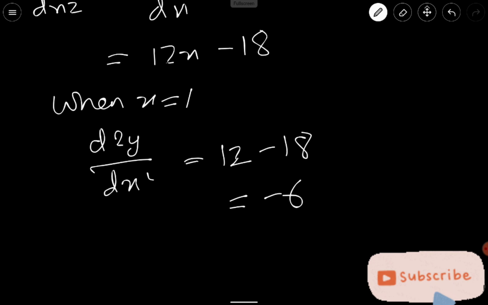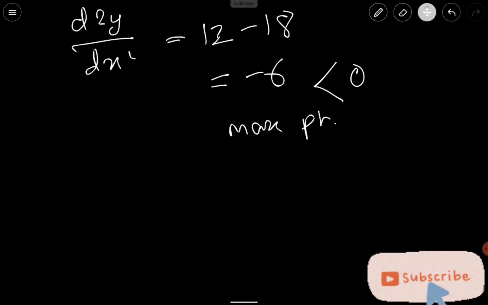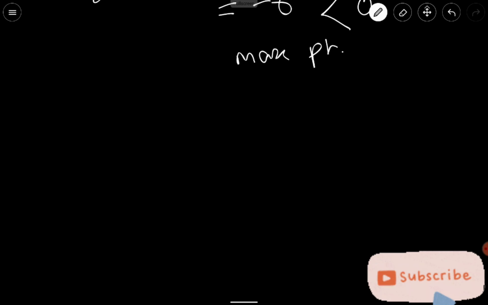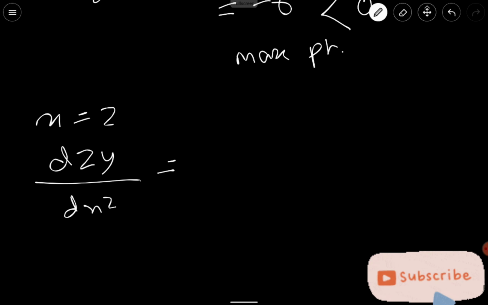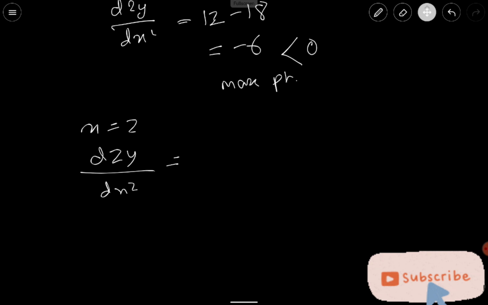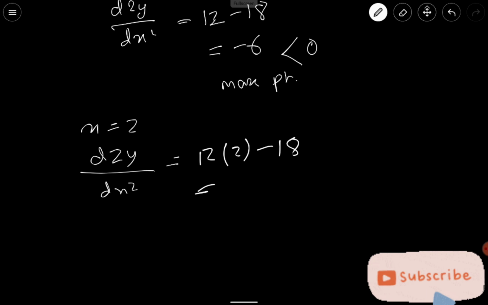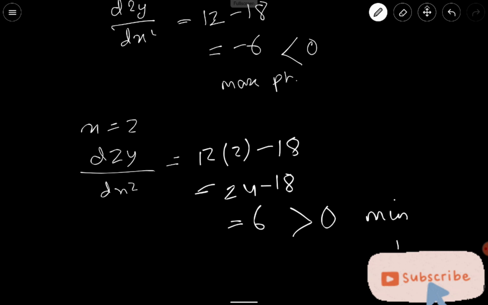Minus 6 is a negative value, which is less than 0, so we can say that this is a maximum point. Now let us consider the second one, when x is equal to 2. Then d2y/dx2 is equal to 12 into 2 minus 18, which gives us a positive value, 24 minus 18, which is 6. So this is a minimum point.